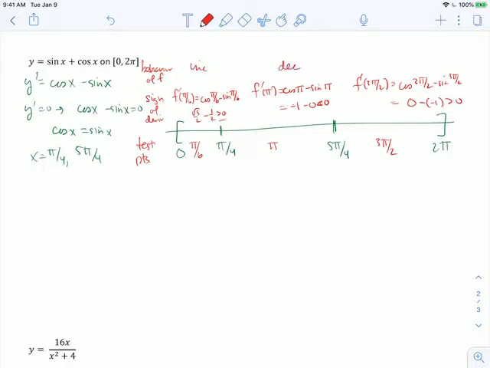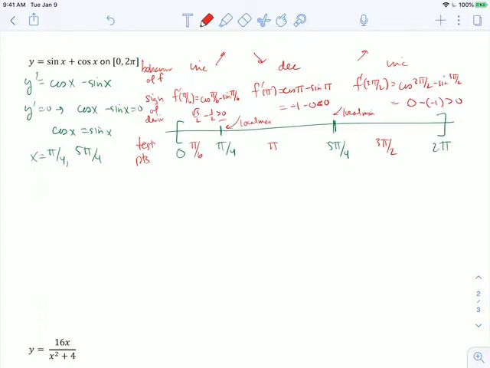Negative derivative means the function is decreasing. Positive derivative here means the function is increasing. So if I'm going from increasing to decreasing, that makes me have a local max here. And if I'm going from decreasing to increasing, that gives me a local min here.